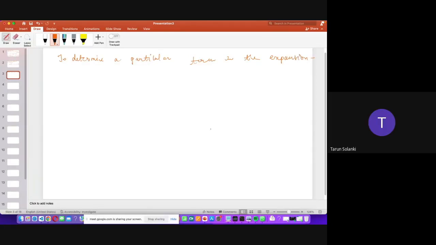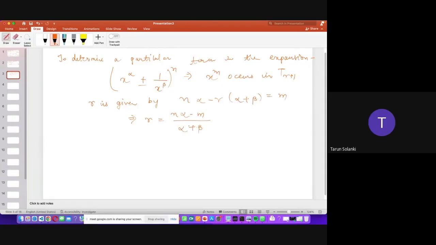In the expansion of (x to the power alpha plus or minus 1 upon x to the power beta) to the power n, if x to the power m occurs in T(r plus 1), then r is given by n alpha minus r(alpha plus beta) is equal to m. So that means r is equal to (n alpha minus m) divided by (alpha plus beta).